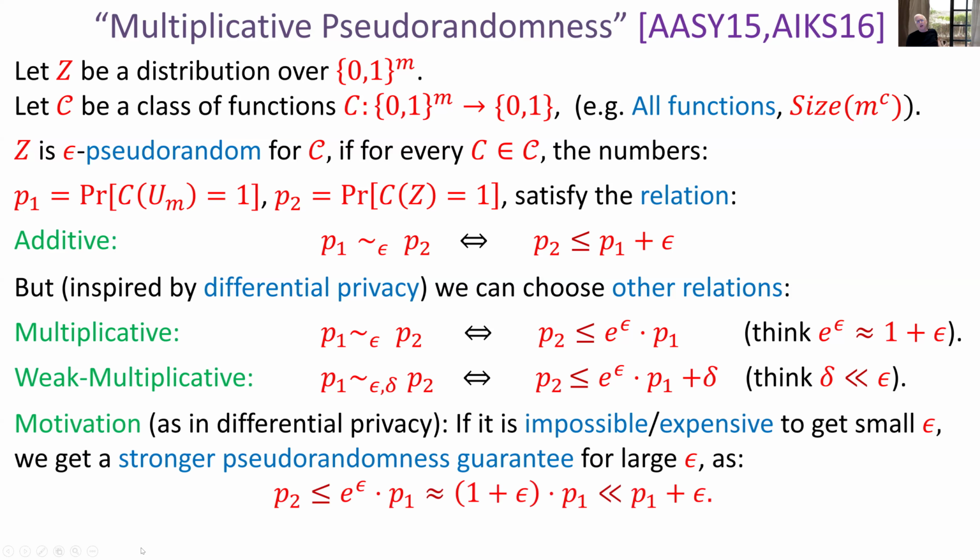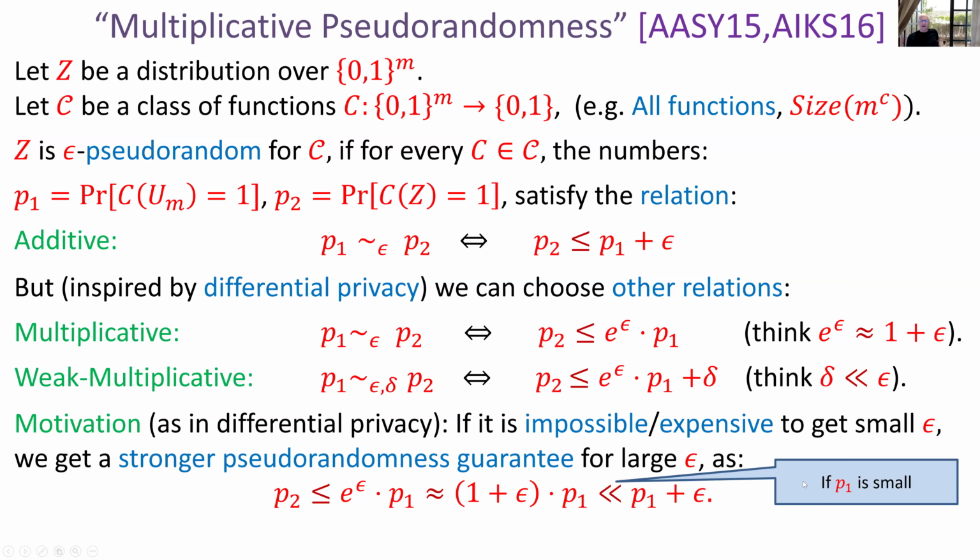This is because the multiplicative relation is stronger than the additive relation. Whenever the multiplicative relation holds, the additive relation also holds. But in the special case where P1 is small, you can see that (1 plus epsilon) times P1 may be much, much smaller than P1 plus epsilon.